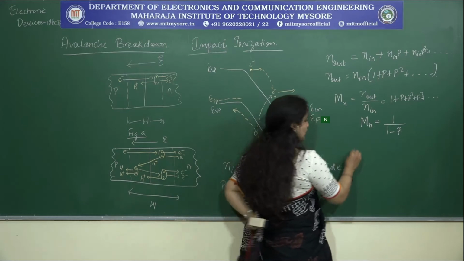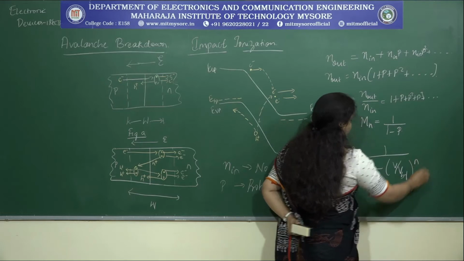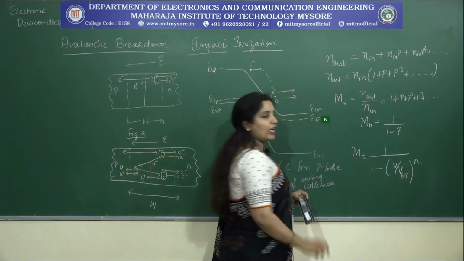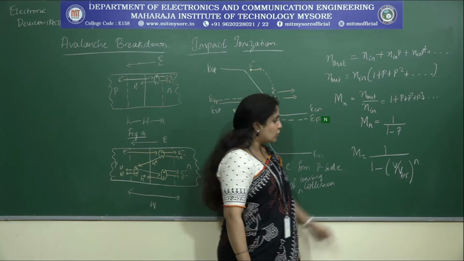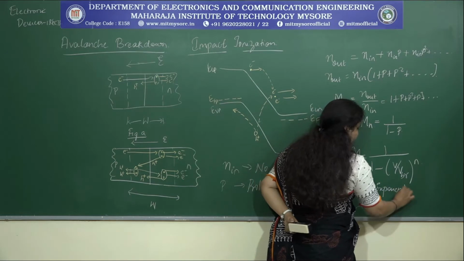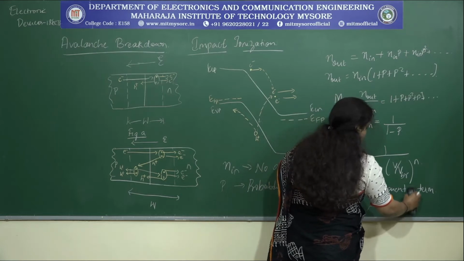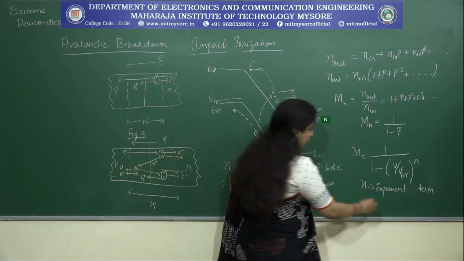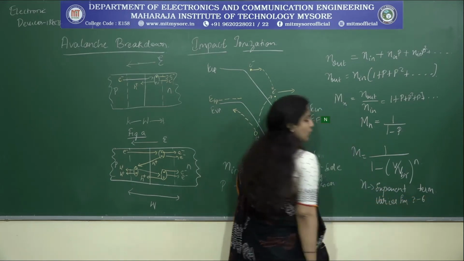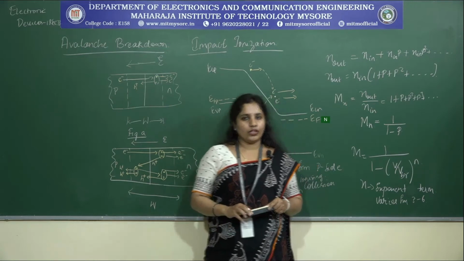Therefore, there is another equation that relates to the reverse bias voltage, which is given by 1 minus V by VBR to the power of N. V indicates the supply, VBR indicates the reverse breakover voltage, and N indicates the exponent term, which varies from 3 to 6 based on the kind of material that I am using to make my P and N type regions.